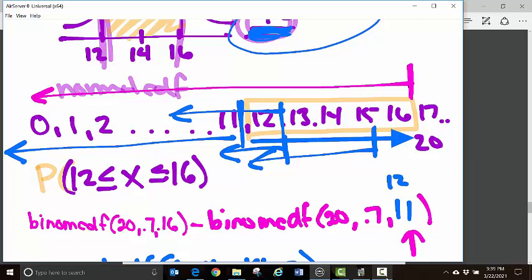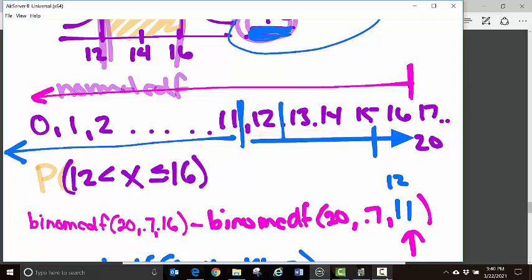I always draw these pictures. Like I legit draw the picture. If it had said, we want it greater than 12, but less than or equal to 16, then you would have put the 12 in. So I every time draw these little pictures and then I know, oh, I need to cut out the 12 too or I don't. Does that help a little?